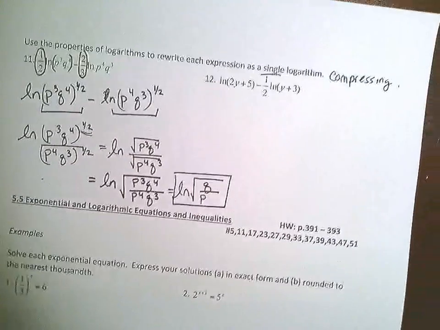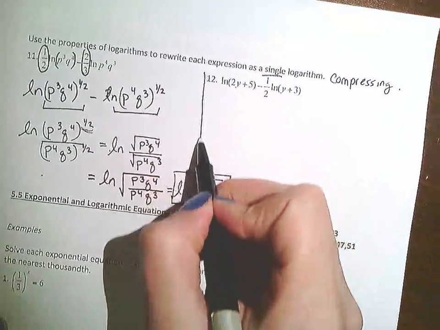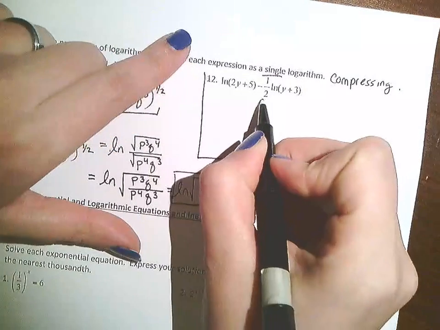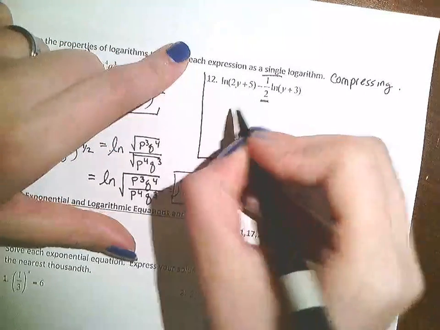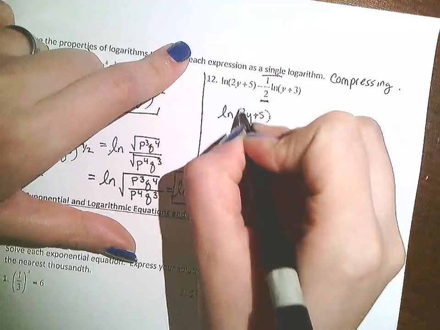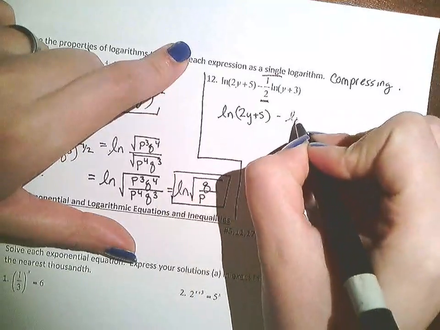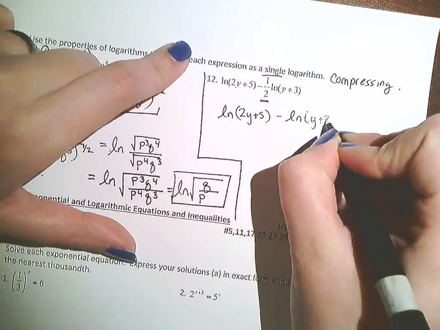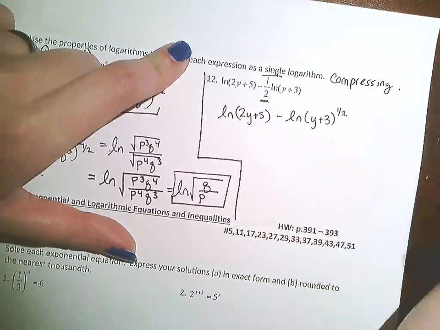All right, and then the last thing here is this. So again, I'm going to start with the power property. So we have ln of 2y plus 5 minus ln of y plus 3 raised to the half.